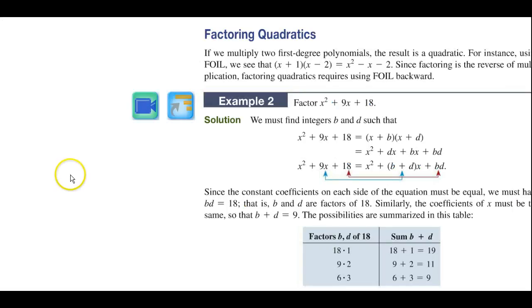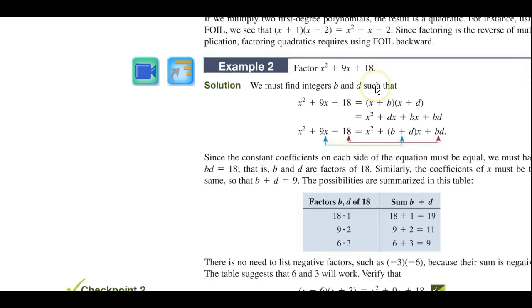One of the other main types of factoring that we'll be doing is factoring quadratics, where we had a trinomial that came about from multiplying 2 binomial factors. We use the FOIL to do this, to get this trinomial. So we're going to undo the FOIL, that is, work the FOIL backwards.